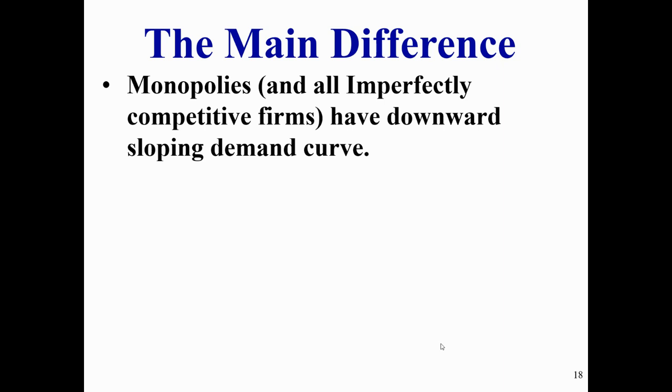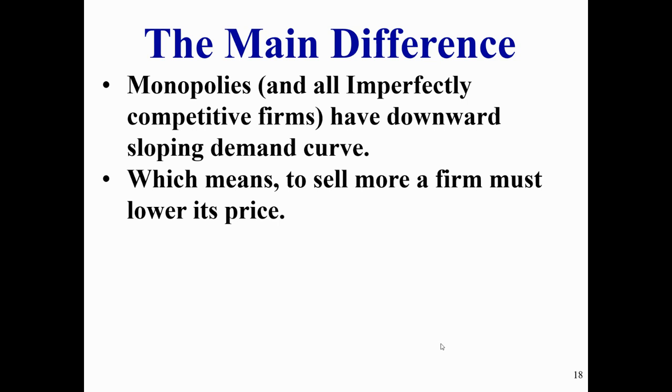They don't have a horizontal demand line as perfect competition would. Which means that to sell more, a firm, or an industry, must lower its price, okay? This changes, consequently, our marginal revenue. Does it make sense to you if I lower the price?